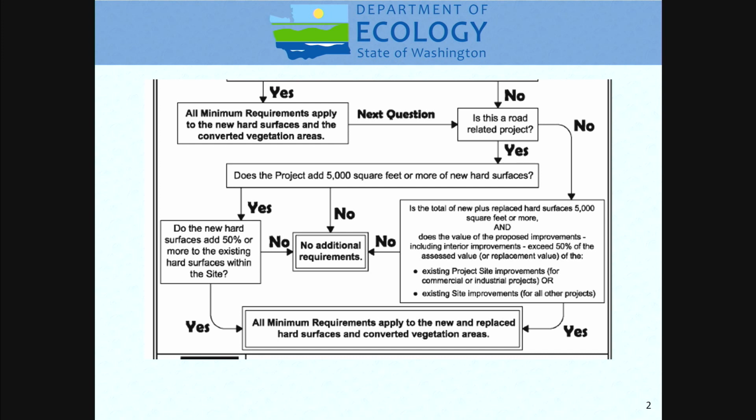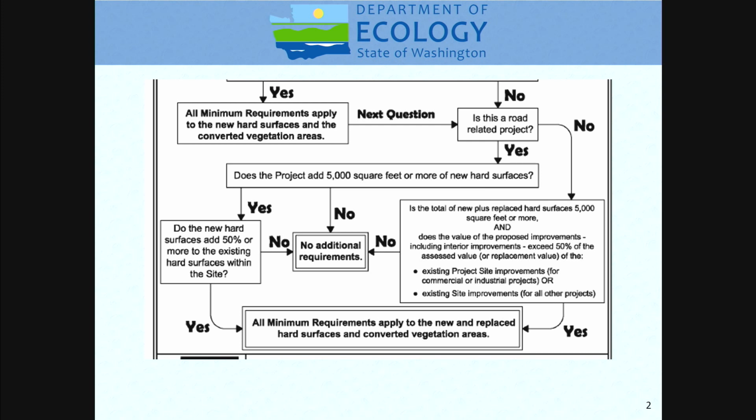In this decision-making process, we talked to a number of communities, and they asked, what about schools and parks and things like that? We said we don't want a school to have to put in a whole bunch of new stormwater controls because they built a new building someplace on their site.